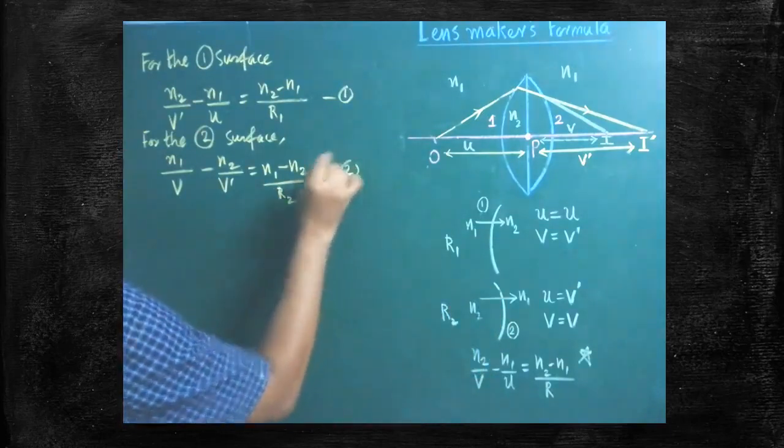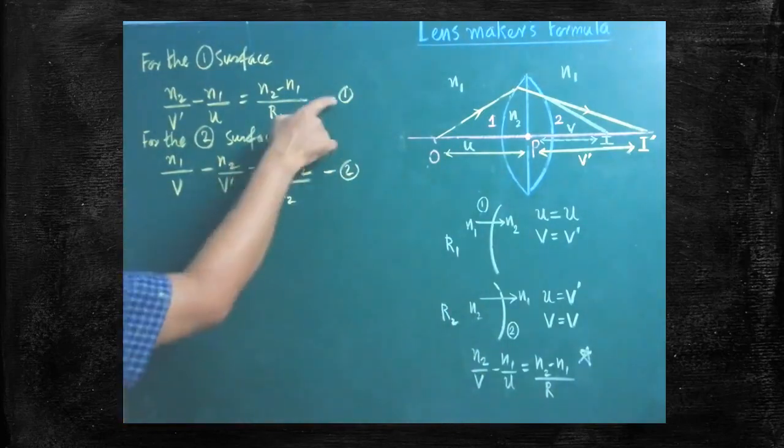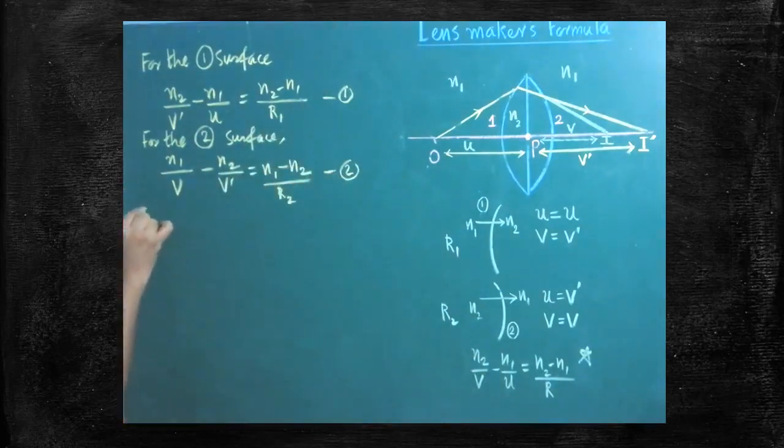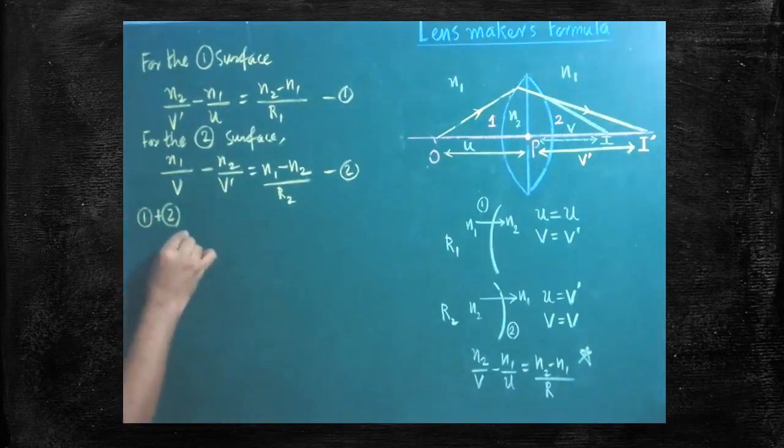So we have written two equations. Very carefully this equation must be written. Now the first equation and the second equation, both of them must be added. After adding, how will you get?